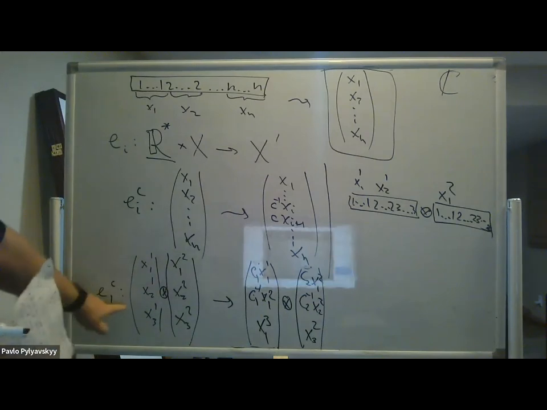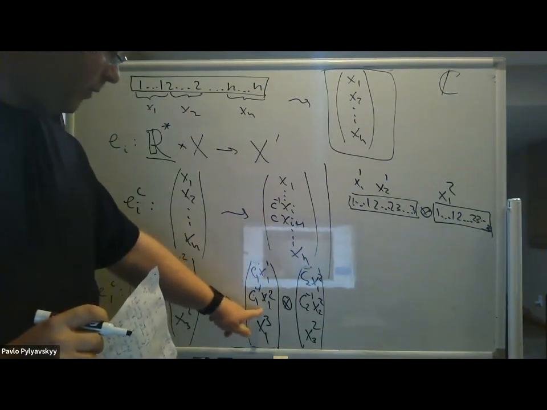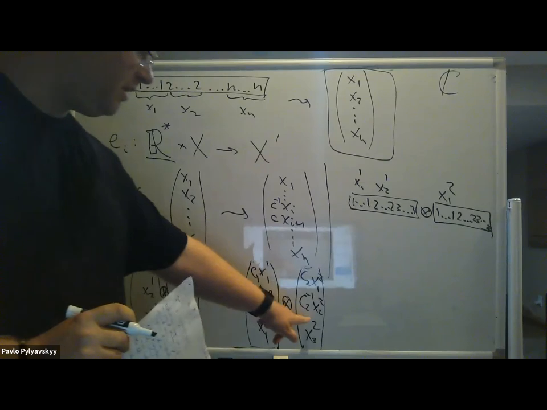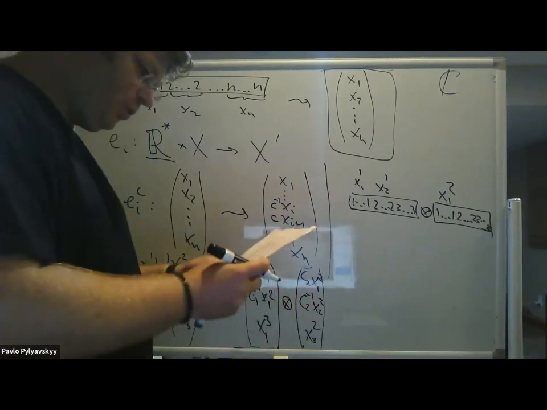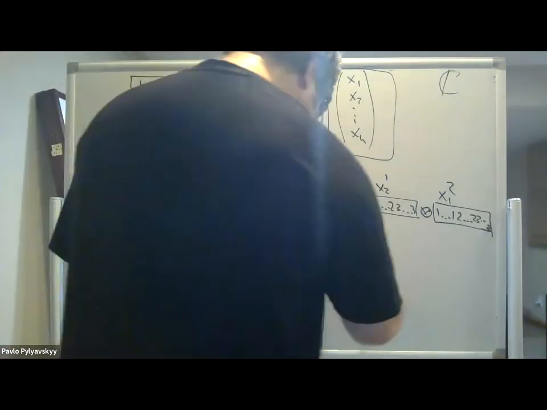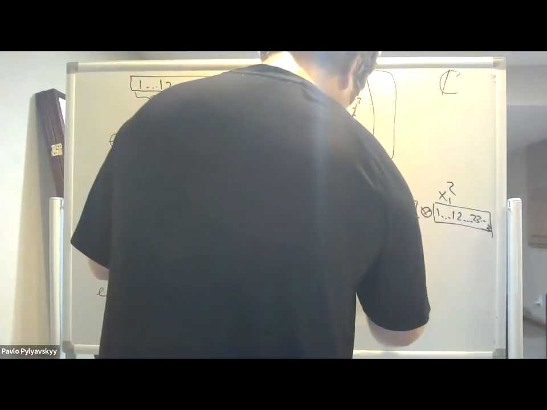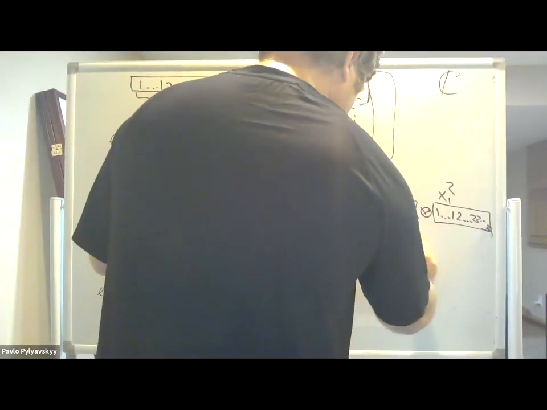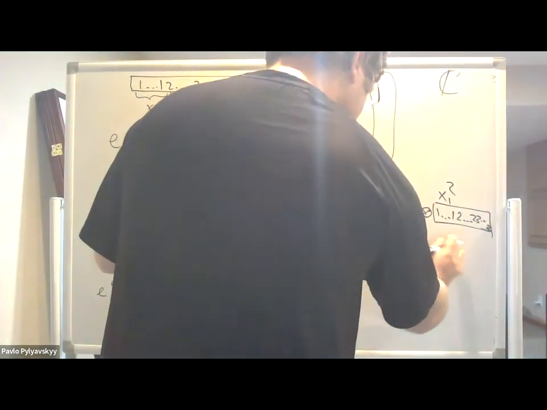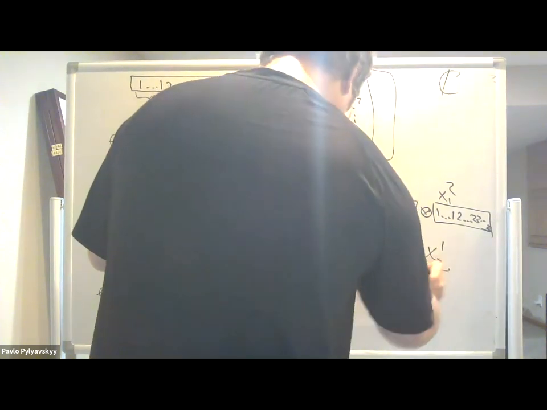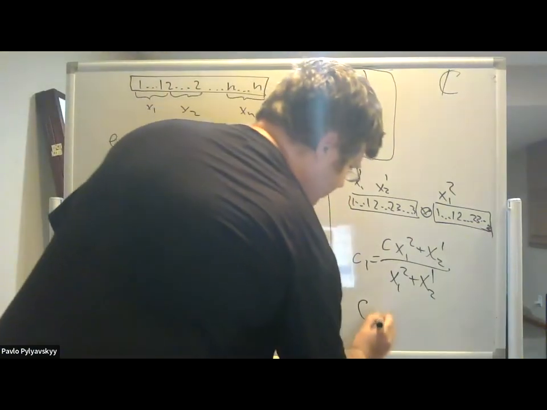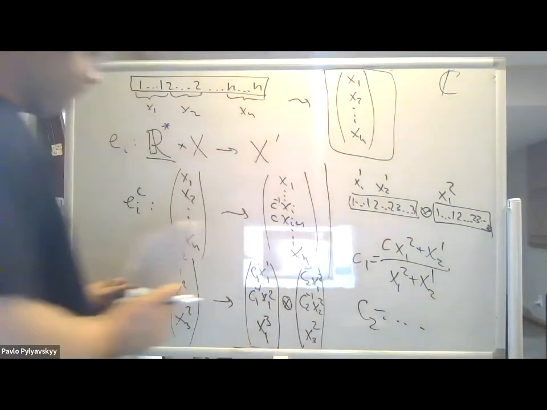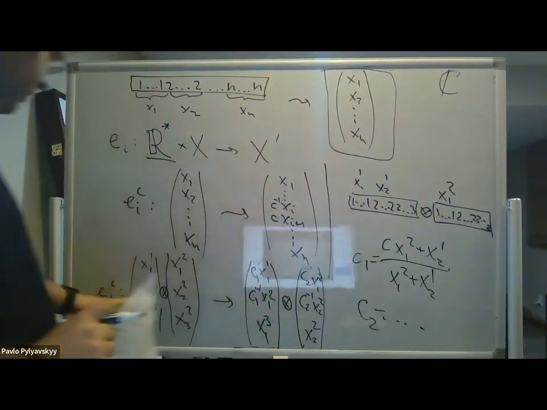This crystal operator acted on this guy with parameter C1 and on this guy with parameter C2. And I only need to tell you the formula for those C1 and C2, and they look something like this. C1 is C x12 plus x21 divided by x12 x21. And there's a similar formula for C2. The product of them should be just C.